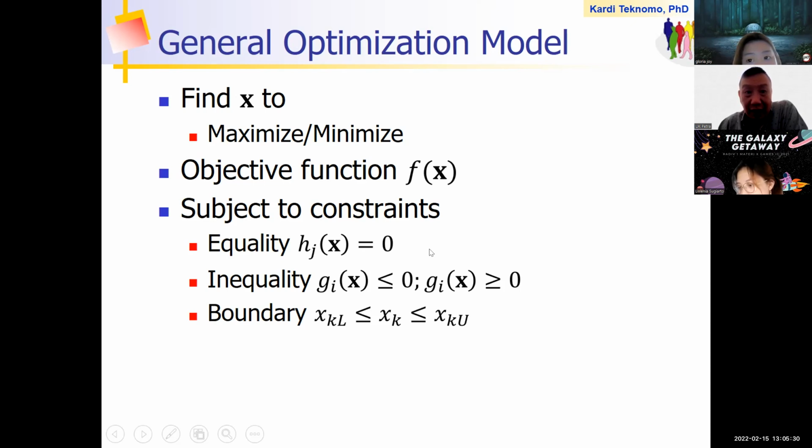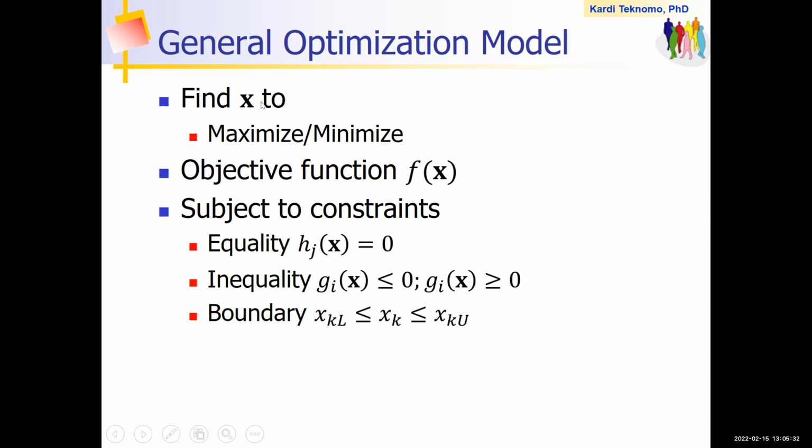Okay, so now this is what is called the general optimization problem. In the general optimization problem, you will find the x, where x is a vector here, either to maximize or to minimize the objective function subject to constraints of three things. One is equality, so say h_j of x equals 0.